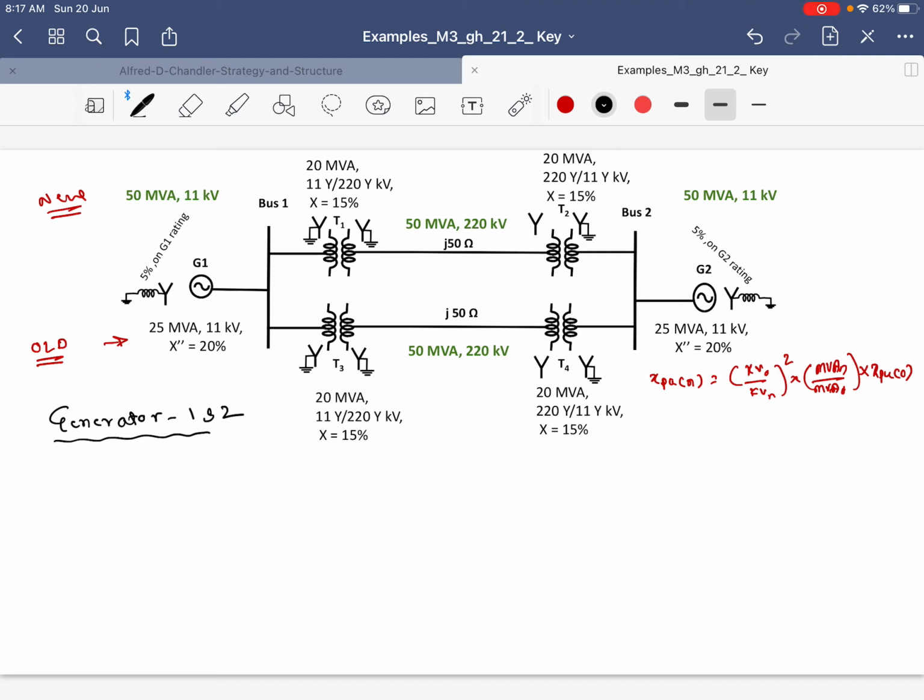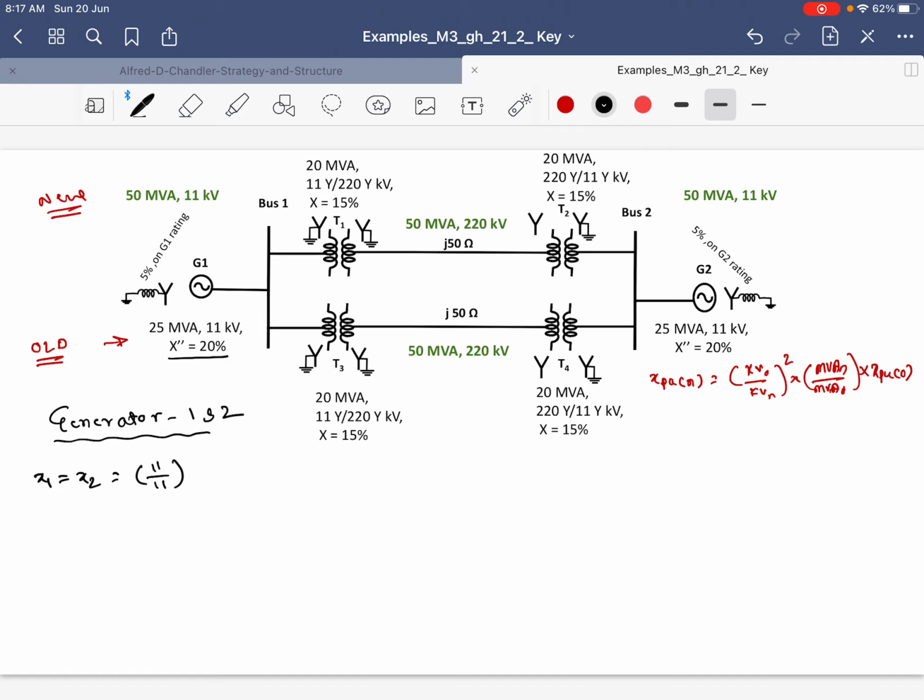What is given for generator 1 and 2 is that x1 and x2 is equal to x double dash, that is 20%. Therefore, I'll write x1 is equal to x2 is equal to kV old is 11, kV new is also 11. I will skip the rest of the things to save time.